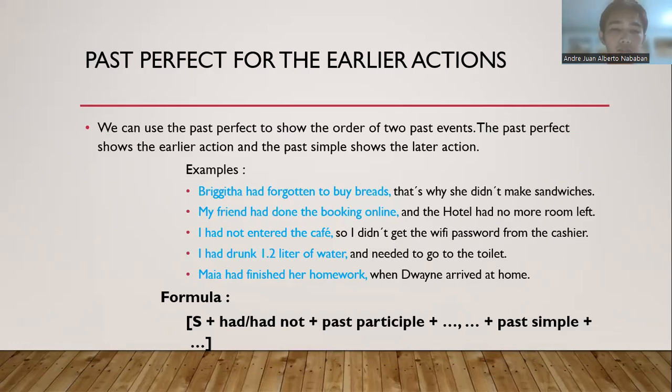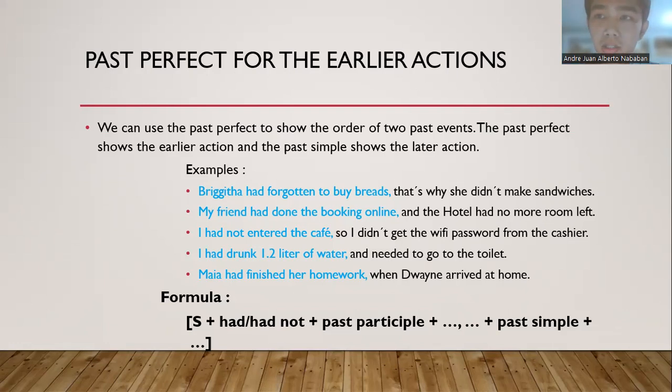In this fifth example, the subject used the verb had and the verb finished, where had is a past auxiliary verb from have or has, and finished is a past participle verb, verb three, from finish. So we can say that this main sentence uses the past perfect tense, guys.